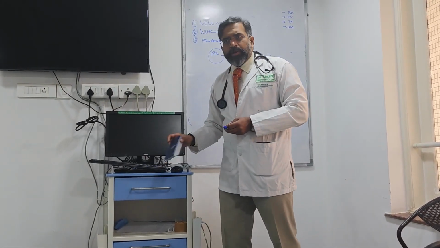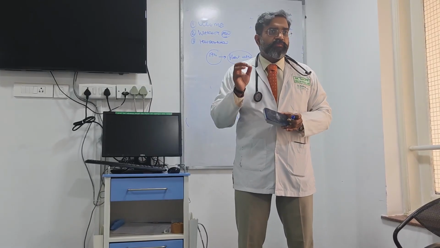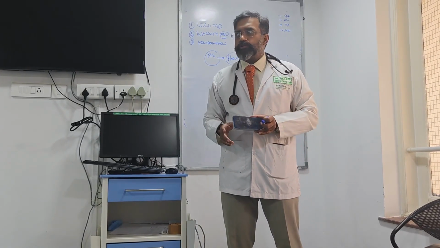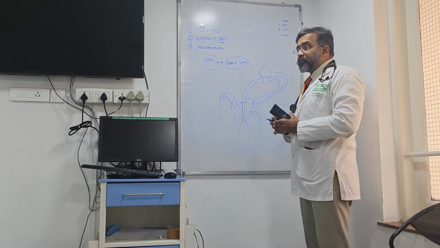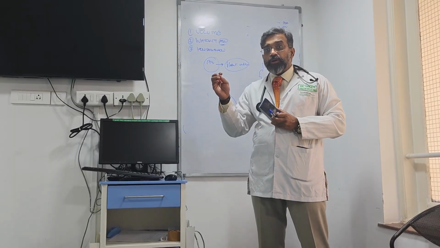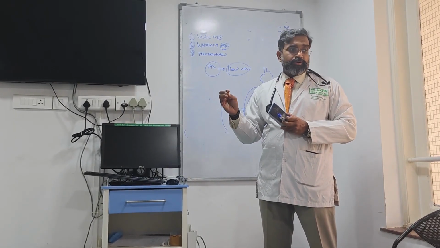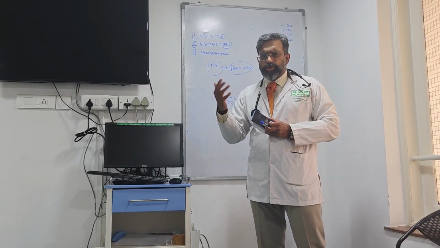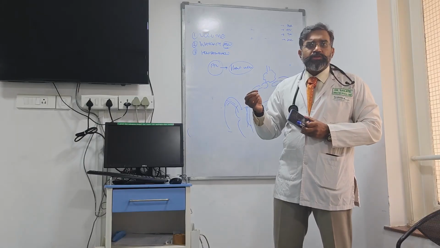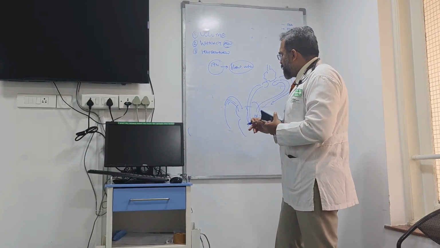Correct? And pulse pressure is one of the common ways to figure out an estimation of your cardiac output. So that means pulse pressure is mirroring your cardiac output. It is closest to your cardiac output. It is close. It is not the cardiac output. So what will happen?